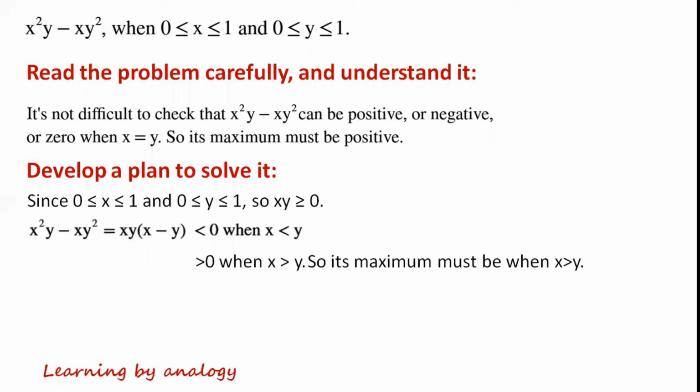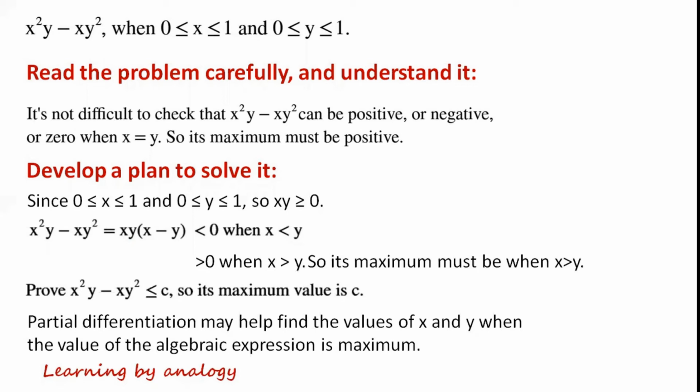So its maximum must be when x is greater than y. Proof: x squared y minus xy squared is less than or equal to c. So its maximum value is c.